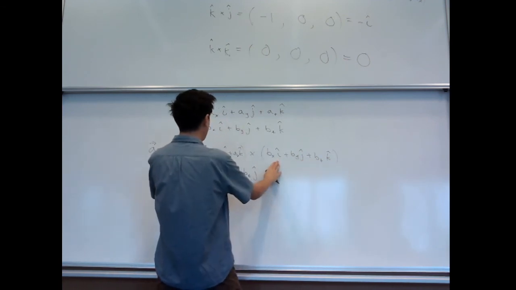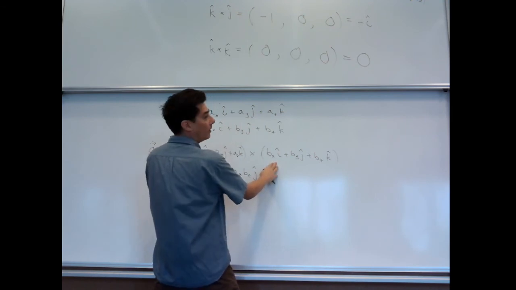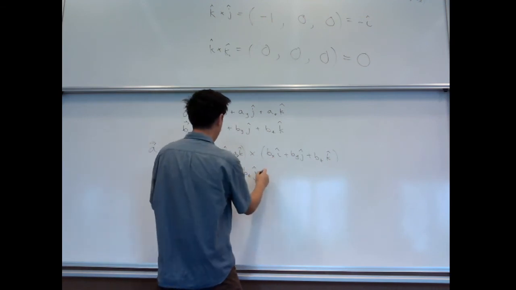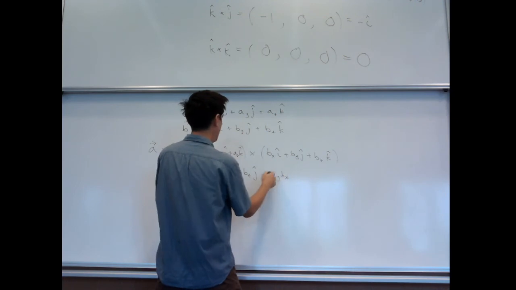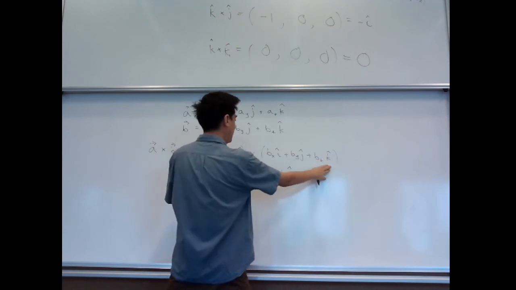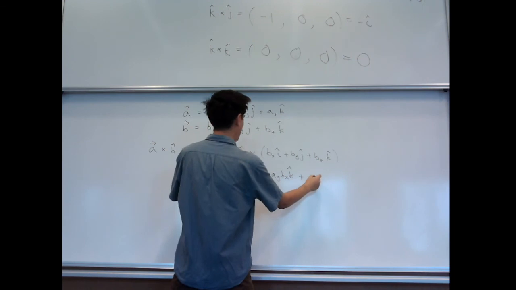Now I'm going to do this one, j times i. Negative k. Yeah, negative k. Ay Bx, negative k. This j times j is 0. j times k is i, right.